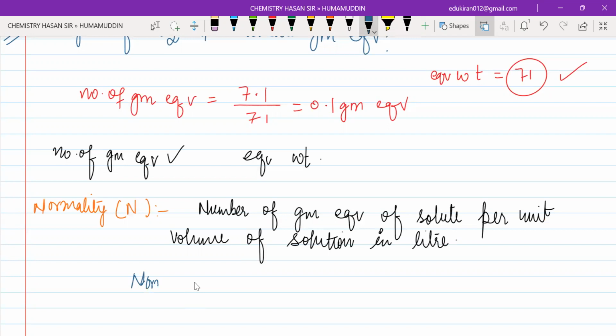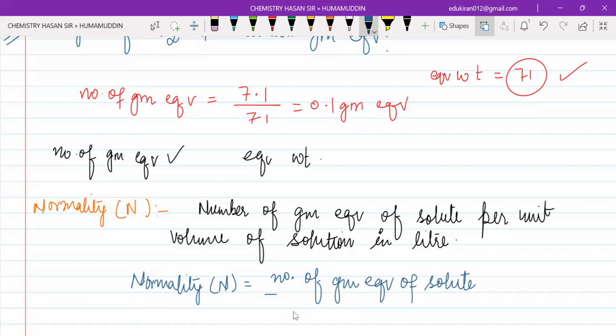So here you can see normality N is equal to number of gram equivalent of solute. We can easily write a formula from this definition: upon volume of solution in liter.